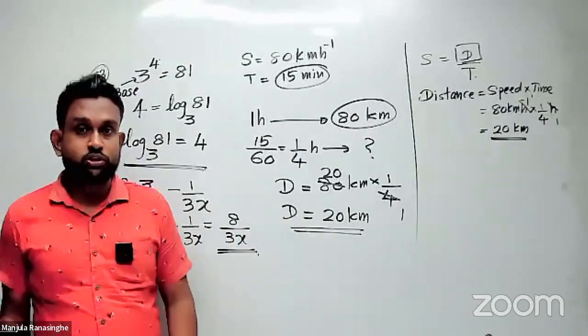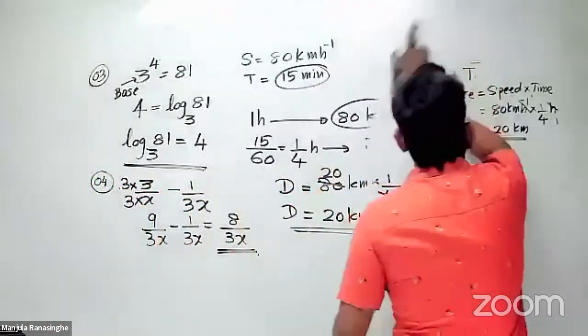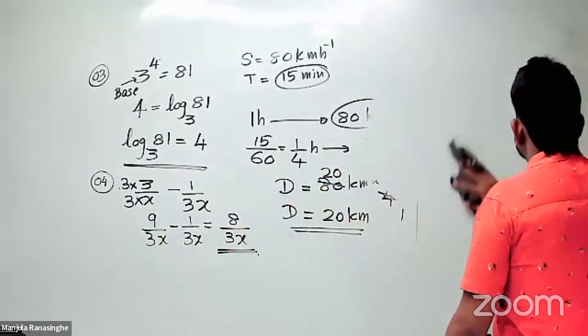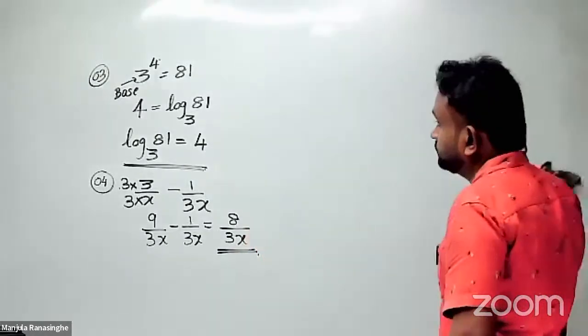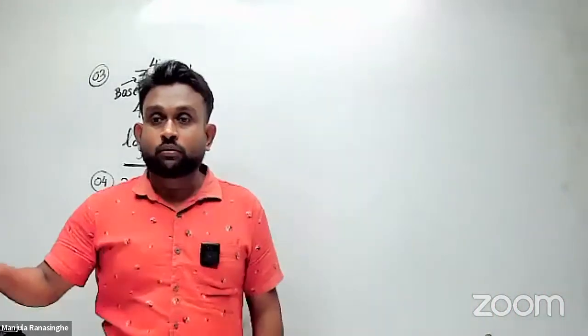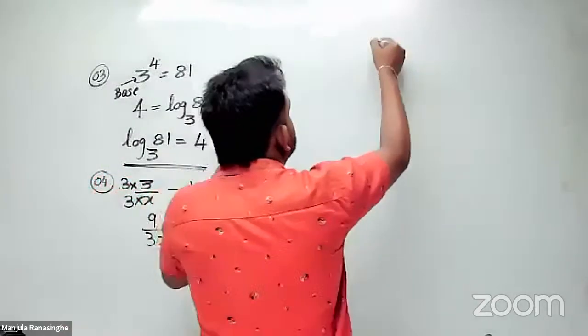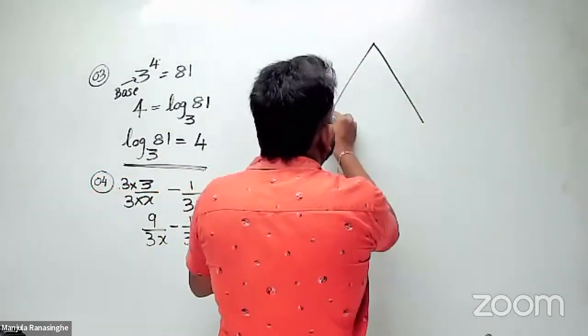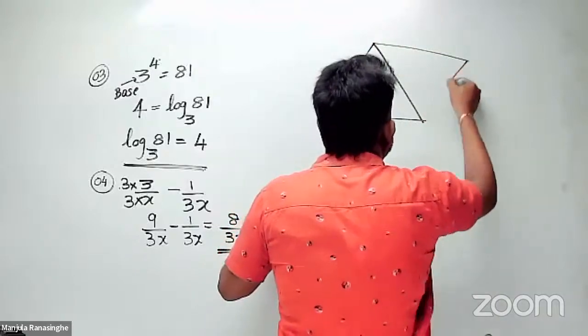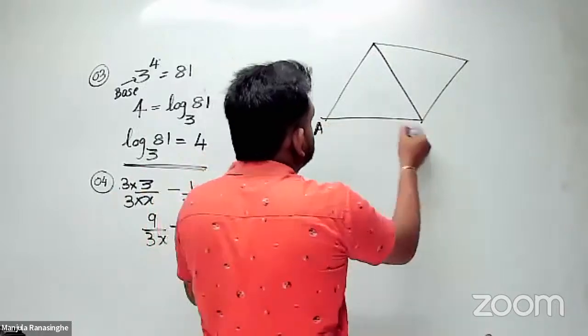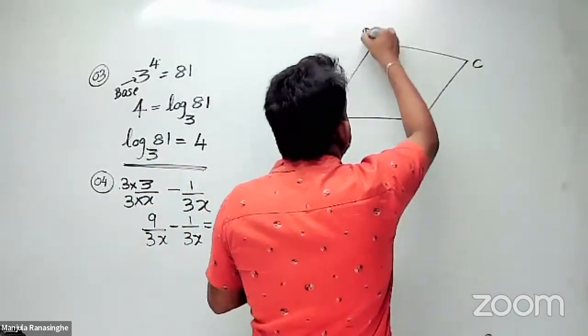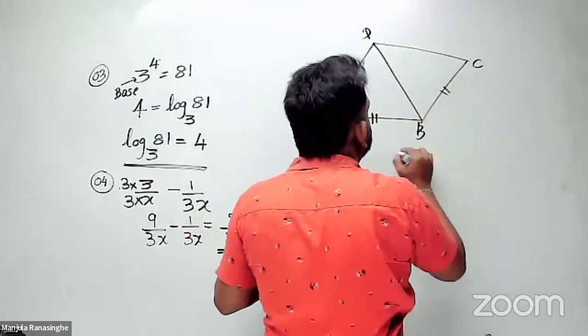Now we move to question number 5. We have this type of triangles, two triangles there, ABCD, and these two sides are equal.